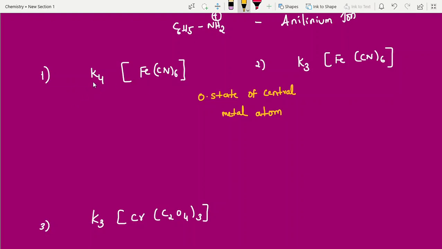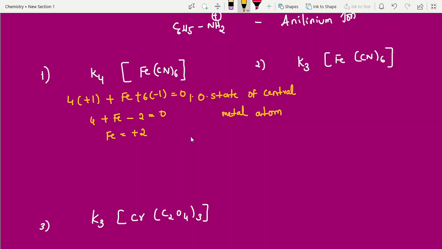This is 4, each potassium plus 1, so 4 into plus 1, plus Fe, plus 6 into minus 1, cyanide has minus 1 charge, equal to 0. So 4 plus Fe minus 6 equals 0. Then Fe equals how much, students? If you bring this side, plus 2 oxidation state. So plus 2 oxidation state.